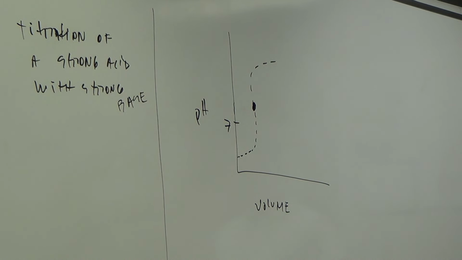So what is this a titration of? So a weak acid and a strong base. How do you know it's a weak acid? Well, it's above 7, so it's more basic, right? So that means that when you titrated it, it didn't counteract.